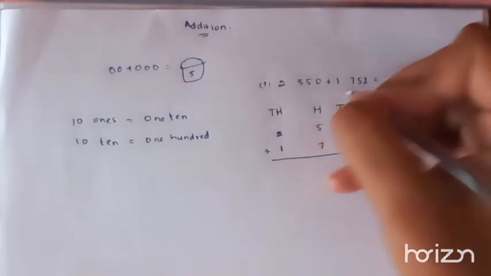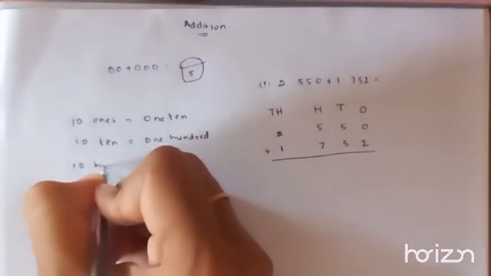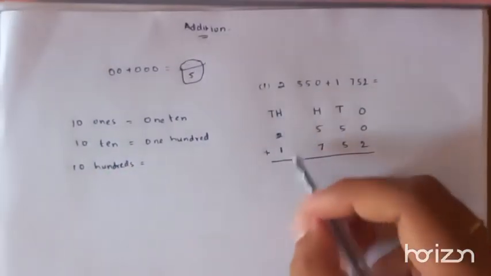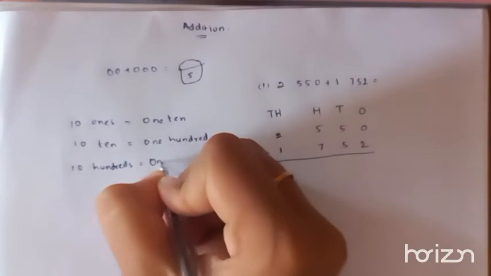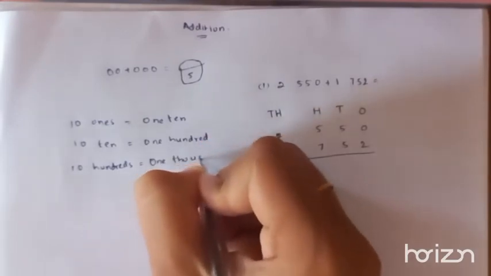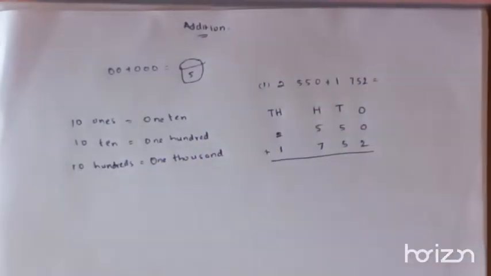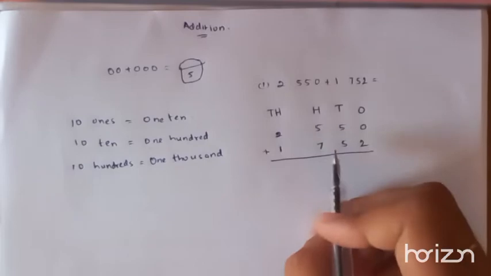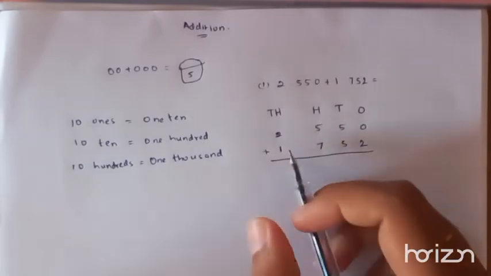And if you have 10 hundreds, you can make up 1000. This is the in-depth understanding of the place value columns. Every time you move towards the left, the place value column becomes 10 times bigger. That is why 10 ones make 10, 10 tens make 100, and 10 hundreds make 1000.